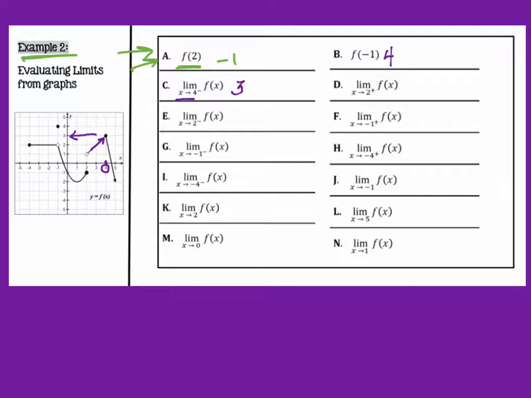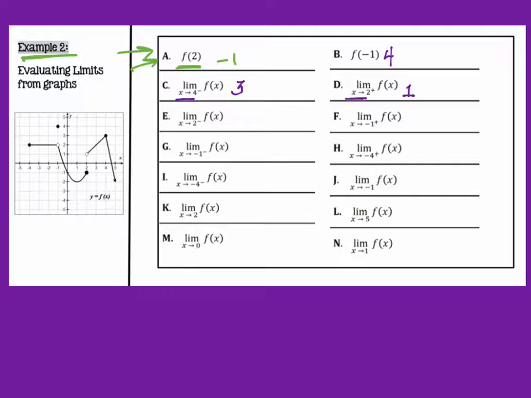All right, D asks if you go to 2 from the right, what do you get? Not what is it at 2, which would be down here at -1, but what is the limit approaching as I'm coming down here? It's approaching 1. Is this making sense?